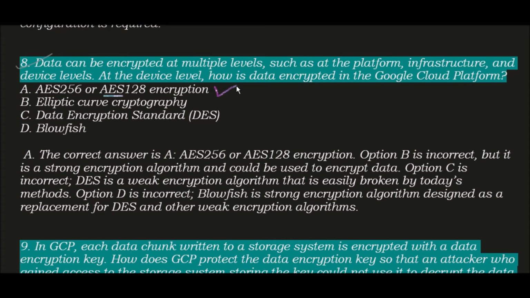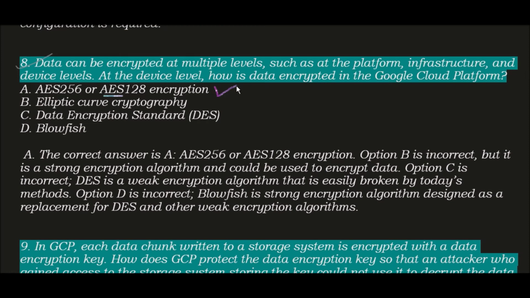Option B, elliptic curve cryptography, is incorrect at the device level, but it's a strong encryption algorithm and could be used to encrypt data. Okay, option C, Data Encryption Standard, that is DES, is not suitable at the device level because DES is a weak encryption algorithm that is easily broken by today's methods.